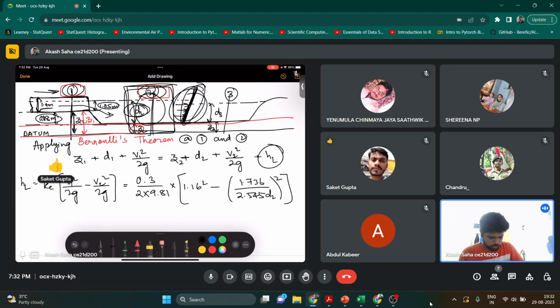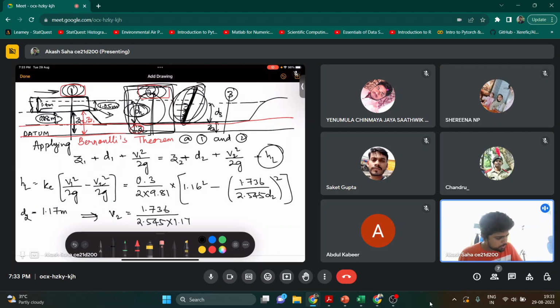Okay, so we have got D2 as 1.17 meter. So if I know D2, my V2 will be equal to 1.736 by 2.545 into D2.